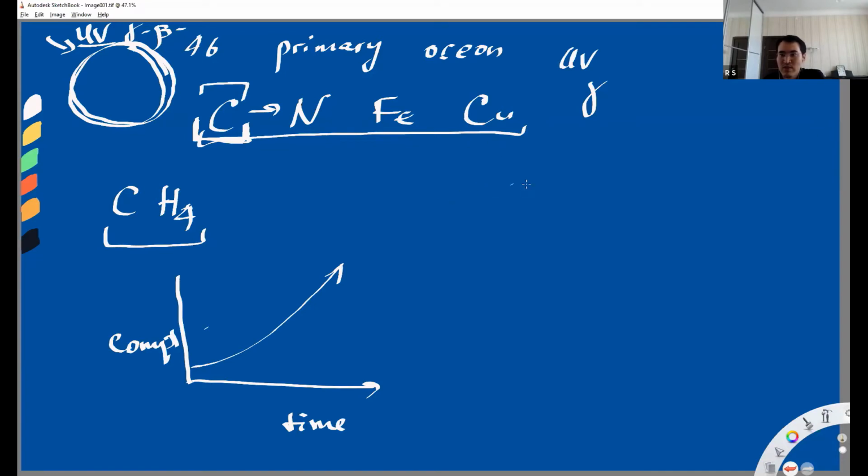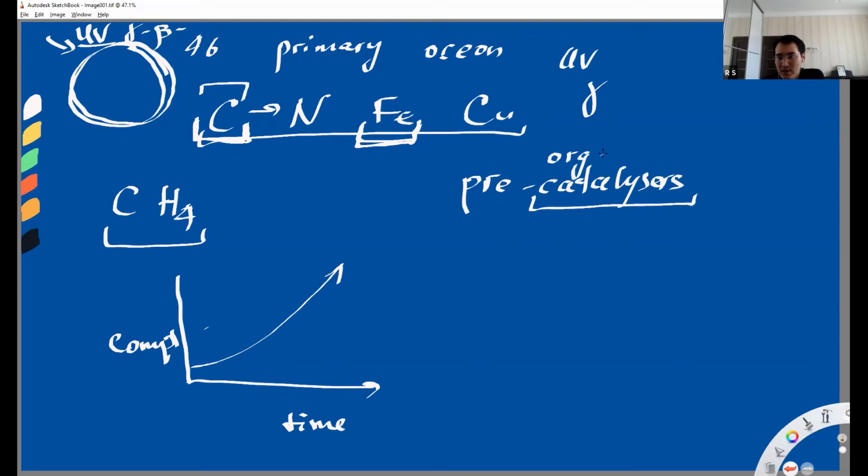Let's call them pre-enzymes or pre-catalyzers. And these molecules needed the metals because, as you know from the chemistry course, almost all metals can be catalyzers for other reactions. And these organic pre-catalyzers also needed metals like cuprum or other stuff.